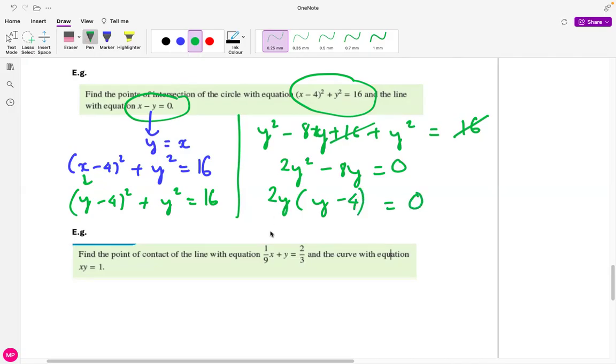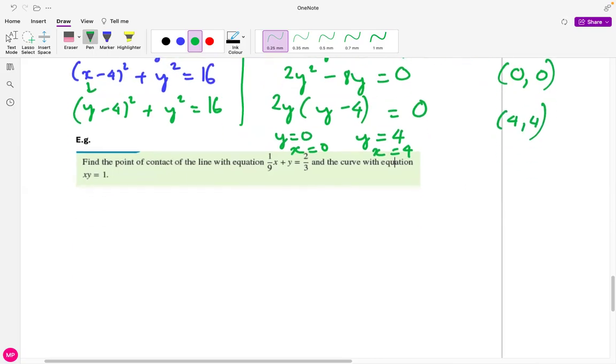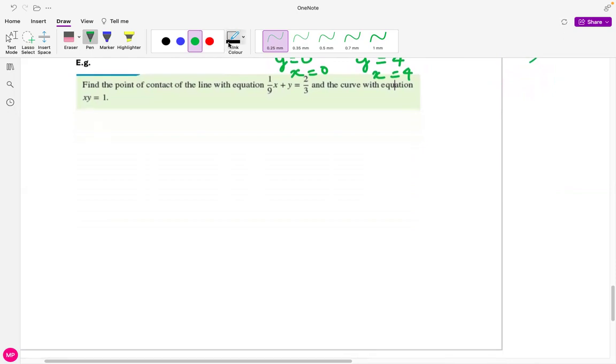So you have y equals 0 or y equals 4. Because when y equals 0, x is also 0 since x equals y, x equals 0 or x equals 4. So you got the points (0, 0) or (4, 4). So two points of intersection.